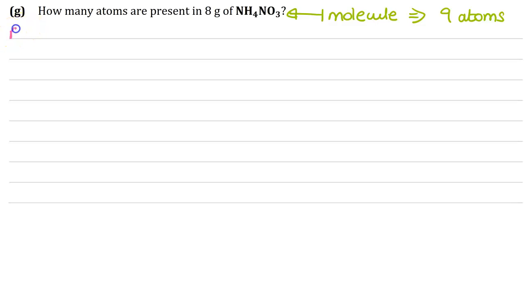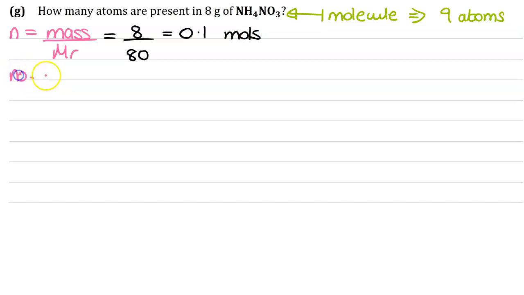So our formula is n equals mass over Mr, which is 8 divided by 80, which is 0.1 moles. Then my number of molecules, now be very careful, this substance is made up of molecules, not atoms, so that's really important.